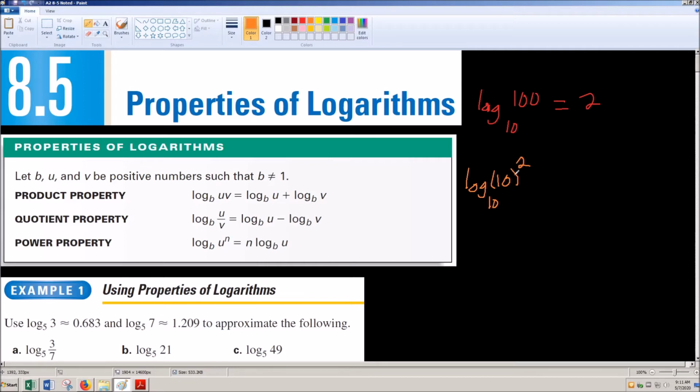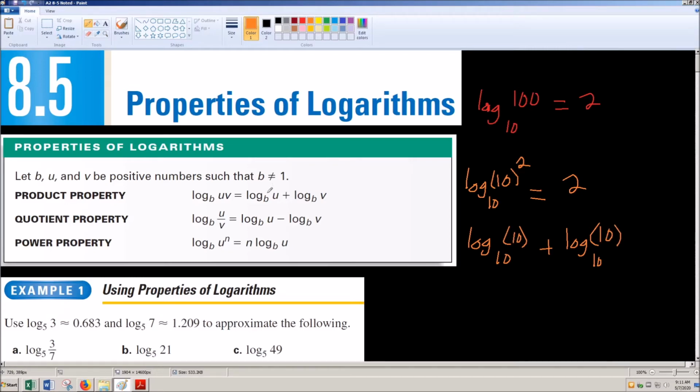I can rewrite this as log base 10 of 10, and I'm just putting this in parentheses to make it clear, plus log base 10 of 10. This is the one we just covered before, my product property. 10 squared is just 10 times 10, so I can split it using my product property.